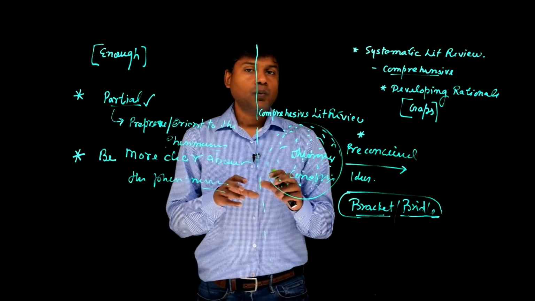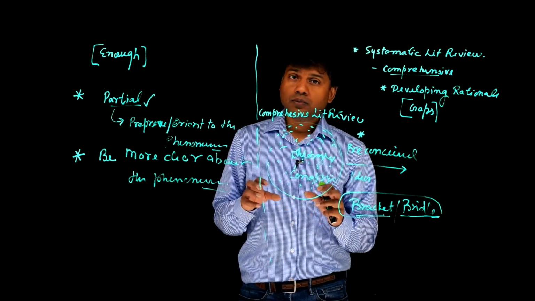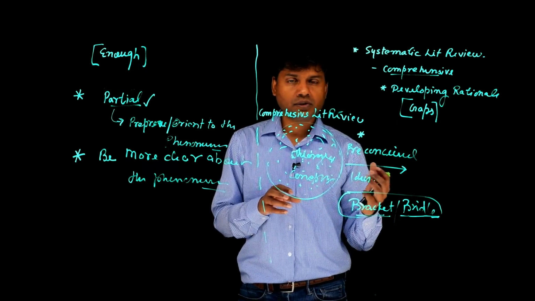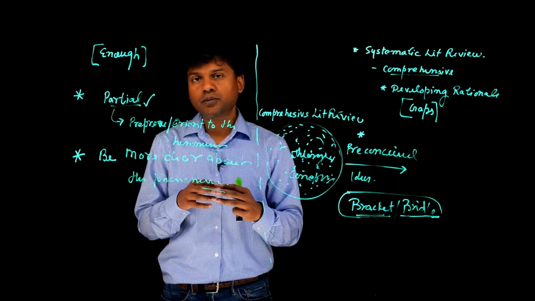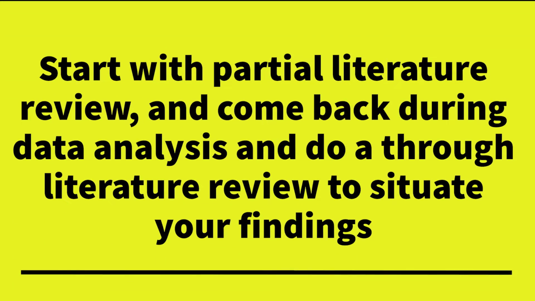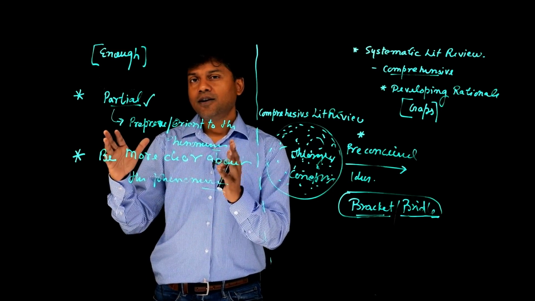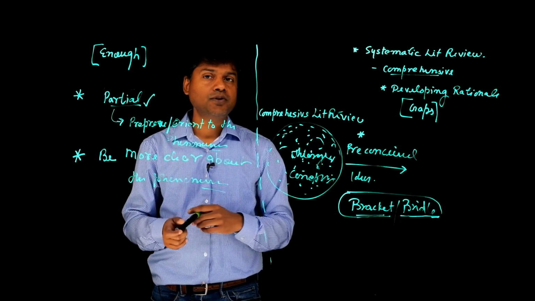So as phenomenologists, we do comprehensive lit review, but we don't do it the way it is done in quantitative research or other approaches. In phenomenological research, you start with partial, conduct the whole study. After data analysis, you go back, do a comprehensive literature review, and that comprehensive literature review helps you to look at your findings and situate the findings in the context. So that's the purpose of why we don't do initial comprehensive literature review.